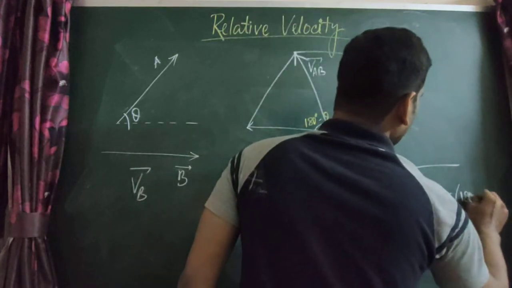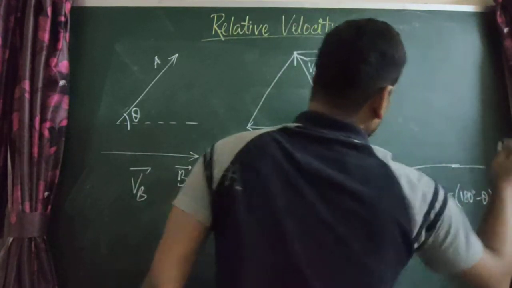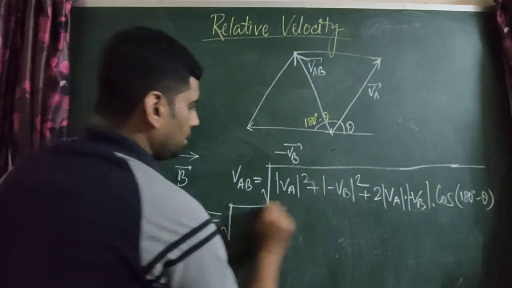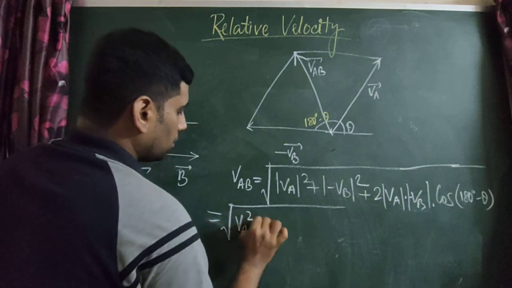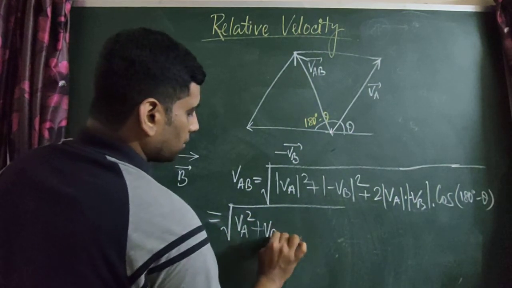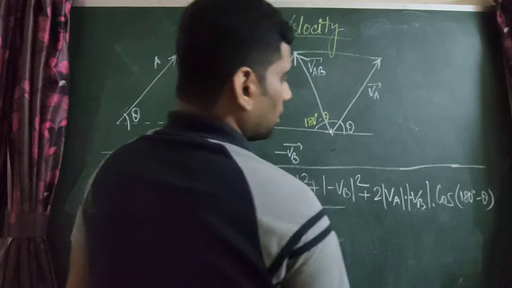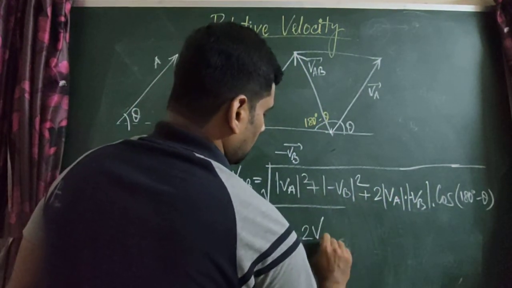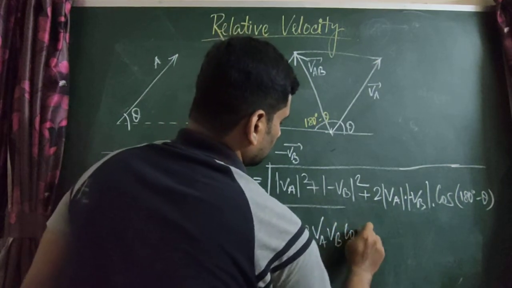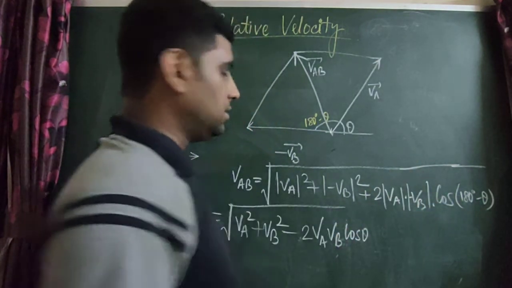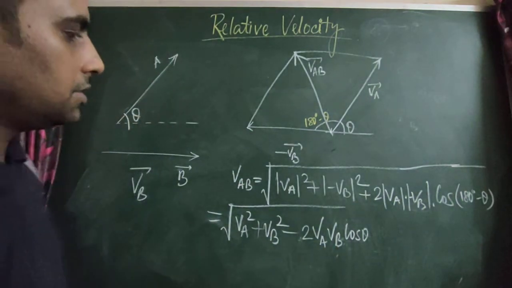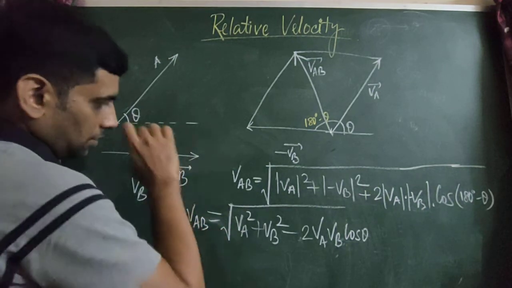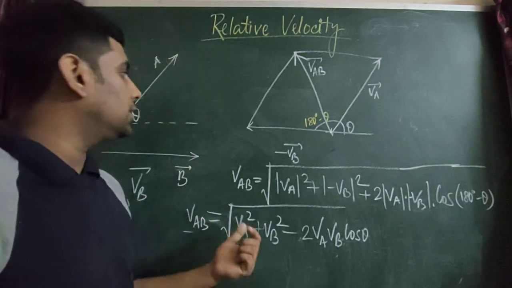So we get VAB as root of VA square plus VB square minus 2 VA VB cos theta, since cos 180 minus theta means minus cos theta. So from this we get this equation, which is the magnitude of the relative velocity.